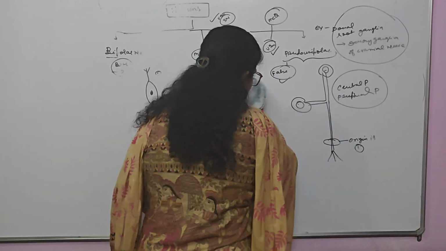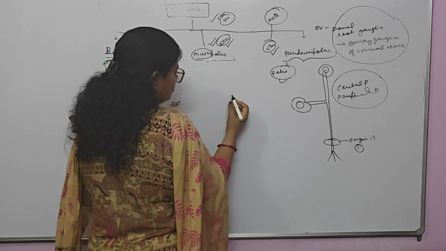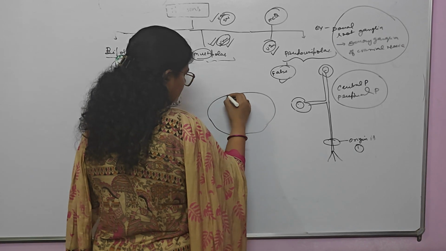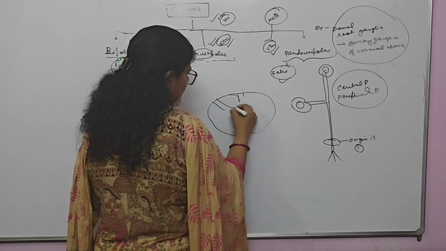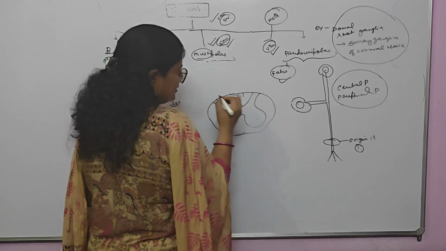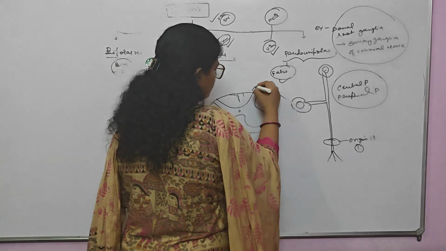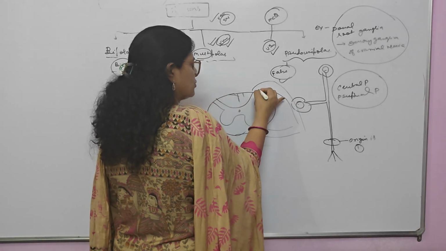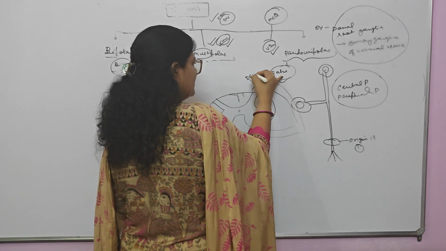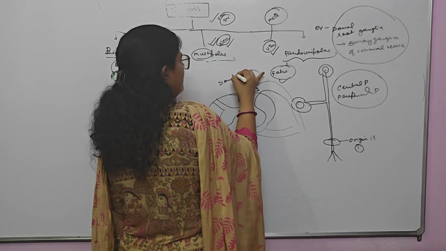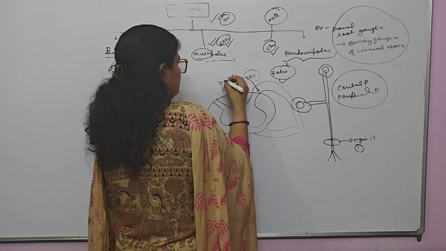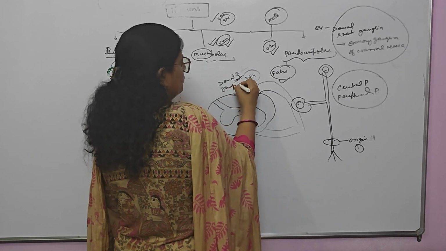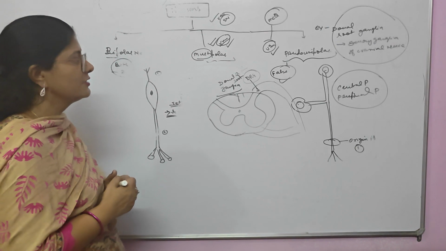This is the section of the spinal cord, and this is the butterfly-shaped gray matter, this is the central canal, and here there is a root, the dorsal root, and the ventral root is like this. So there is a ganglion, the pseudo unipolar ganglion, also known as DRG or dorsal root ganglion. Now you are able to correlate it and remember where the dorsal root ganglion is.